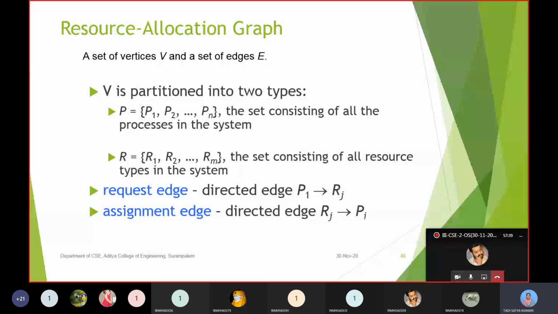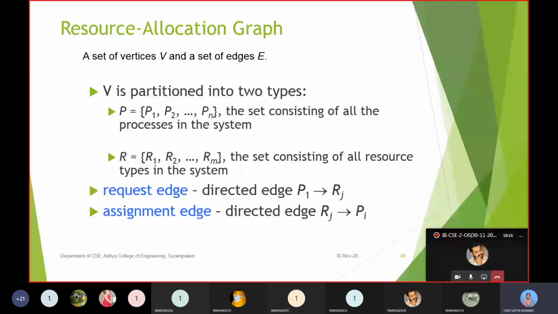I think all of you know what a graph is. A graph is a set of vertices and a set of edges. Vertices are represented with the letter V and edges with the letter E. In this resource allocation graph, there are two types of vertices. The first is processes, P. Processes are represented with the letter P, and there is a set of processes P1, P2 and so on up to Pn.